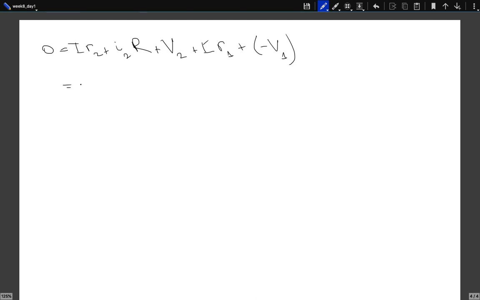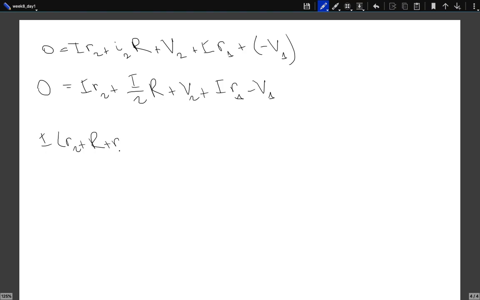Let's express everything in terms of capital I. So capital I times R2. Well, I2 is capital I over 2 times R plus V2 plus capital I times R1 minus V1. Should be 0. I times R2 plus capital R over 2 plus R1 should be equal to V1 minus V2.